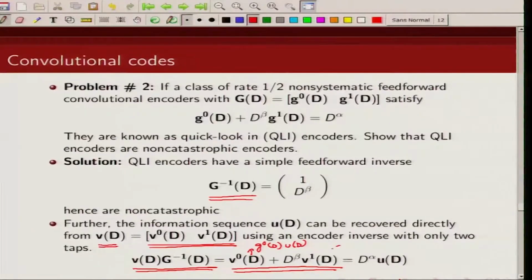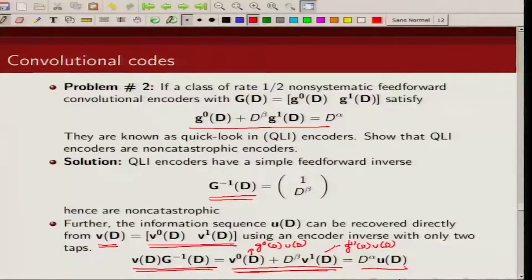Similarly, this one is G1D times UD. So, from this condition and from here, this will come out to be d alpha times UD. So, among the class of non-systematic encoders, quick look in encoders have a very simple encoder inverse circuit, and one can easily find out what the information bits are from the coded bits without decoding.